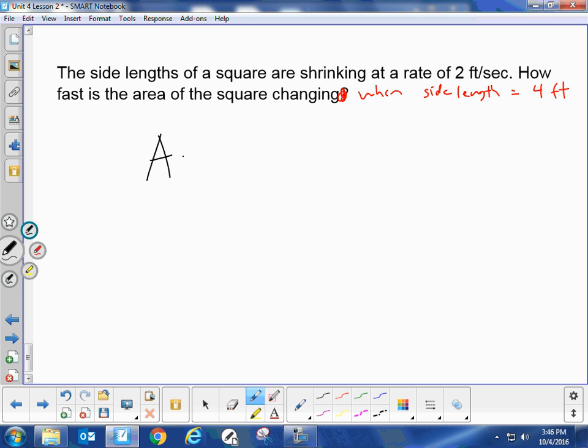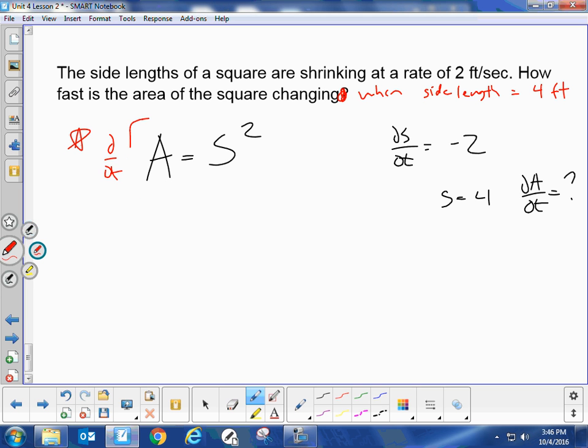You need to start with your formula that's not given to you, which is A is equal to s squared. The side lengths, ds/dt, are decreasing at 2 feet per second. S is 4. We need to find dA/dt at that moment. You have to first have your formula.